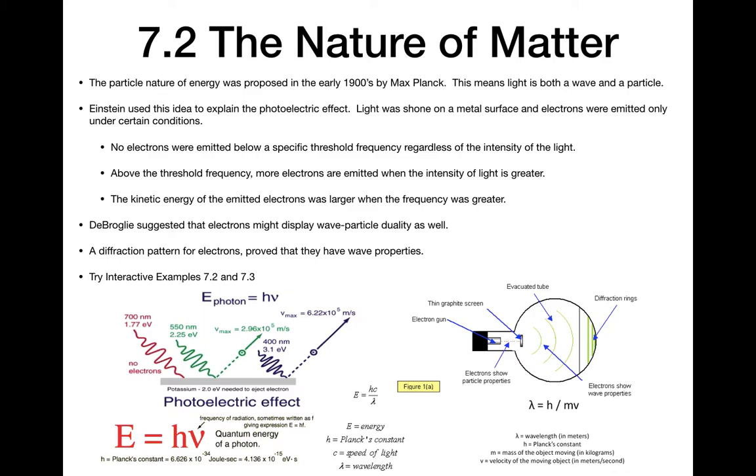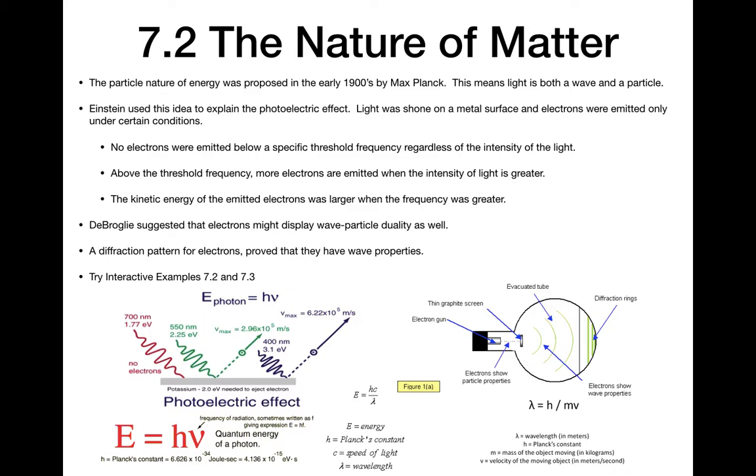And that particle is called a photon, and it has an energy equal to Planck's constant h, which is 6.626 × 10^-34 joule seconds, multiplied by the frequency. So in other words, high frequency light has high energy photons, and that would mean that high energy photons have a low wavelength because frequency and wavelength are inversely related.